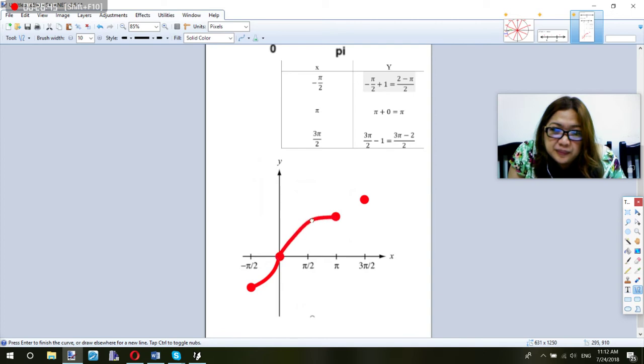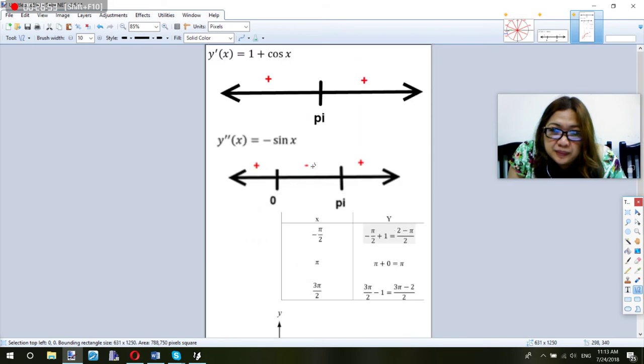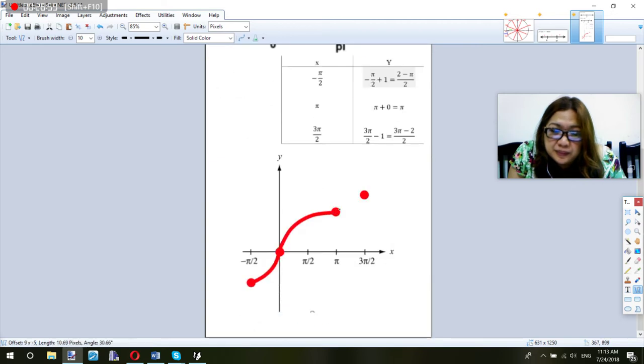At pi, my concavity changes from concave down to concave up, but my function remains increasing. So I am increasing and concave up from pi to 3 pi halves. And we've got our function.